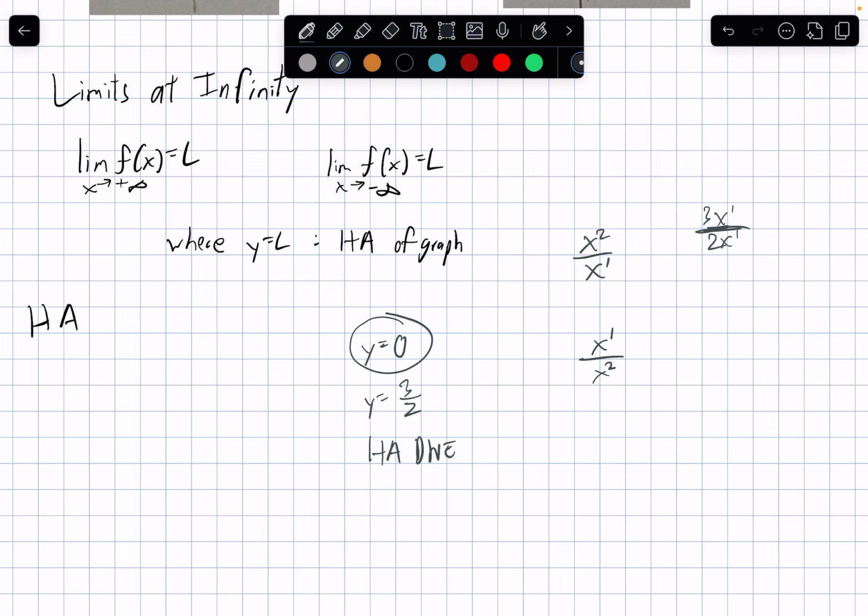Okay, I think what I said was the other way around. It's not supposed to be like that. Let me just confirm. Okay, so let's start matching. If the degree of the numerator is greater than that of the denominator, the horizontal asymptote does not exist. What if it's the other way around? x over x squared.